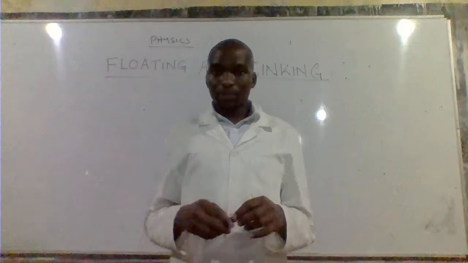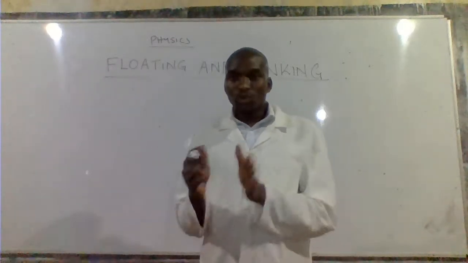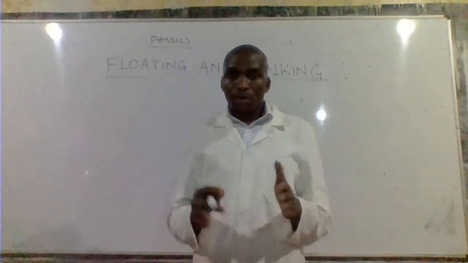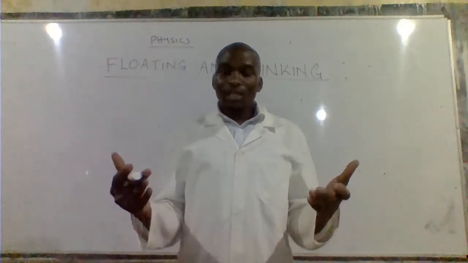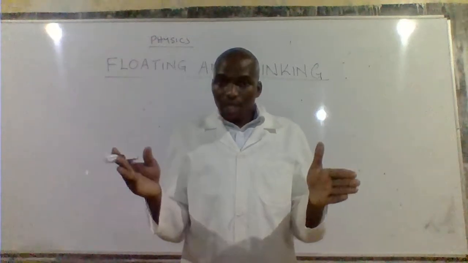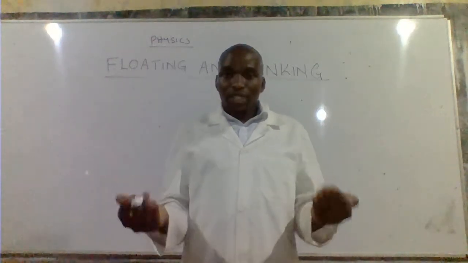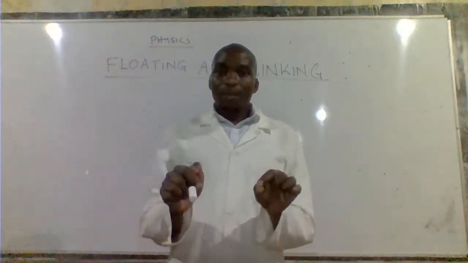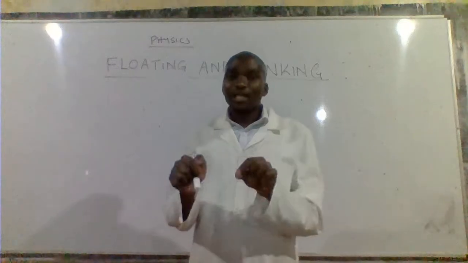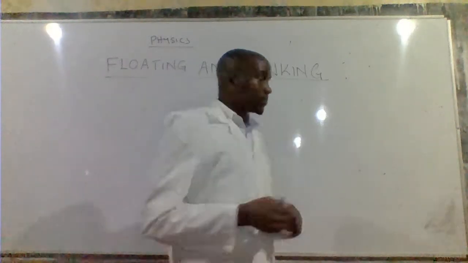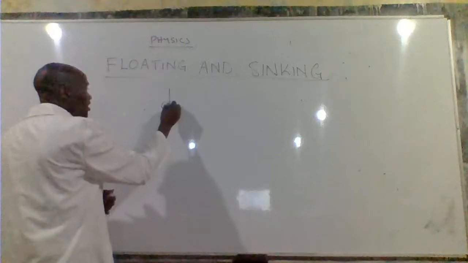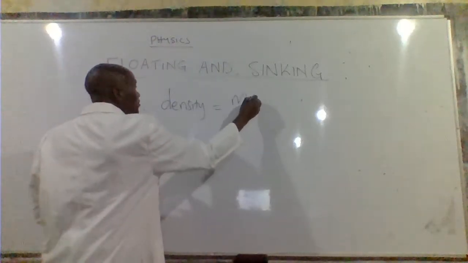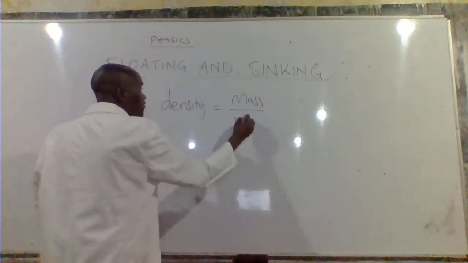And I want to briefly give the relationship between density and other quantities like mass and volume, because this will help us understand why some objects are going to float, yet their bodies are made up of materials that are denser than water or the liquid itself. So we get density as mass over volume.